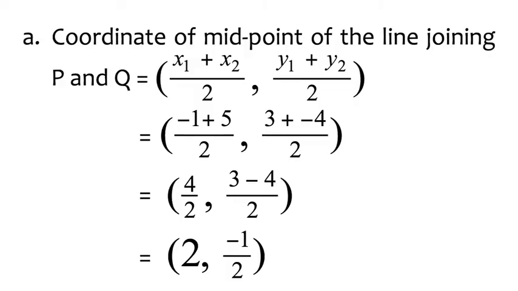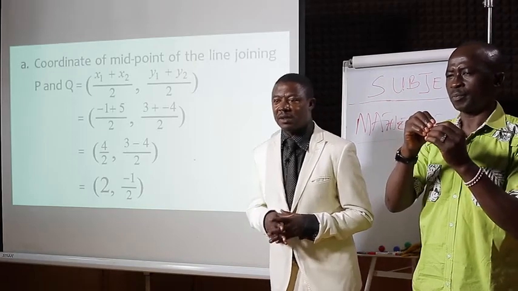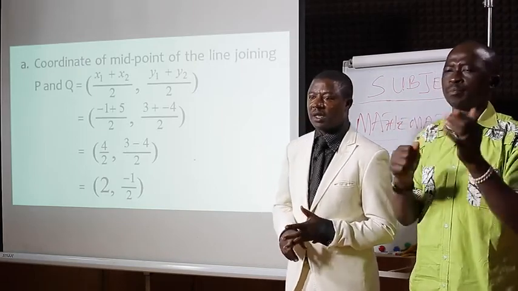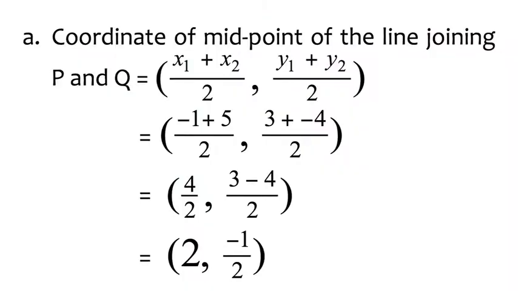Simplifying, minus 1 plus 5, the result is 4. So we have 4 divided by 2. Well, plus minus is minus. Positive, negative is negative. So we have 3 plus minus 4 become 3 minus 4 divided by 2.